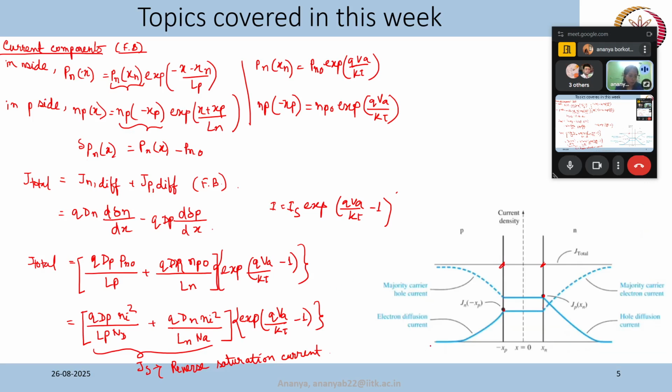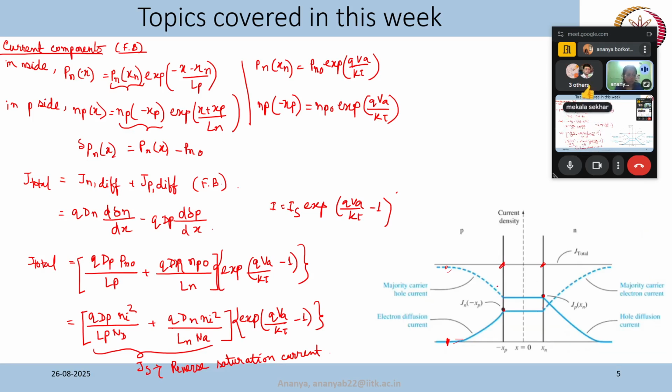If you want to derive the expression of diode current at this position, say in the neutral region, then you have to find the majority carrier hole component, because you can see this is maximum here, and this electron diffusion current is almost zero, but we don't know this. For us, the most convenient position is at these positions, because we know the excess minority carriers due to the injection, and that's how we are calculating, and this is valid everywhere.